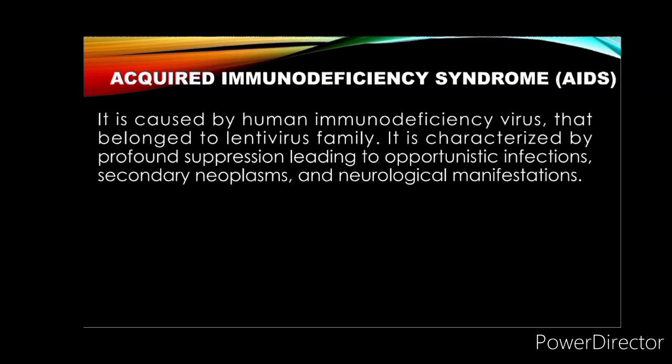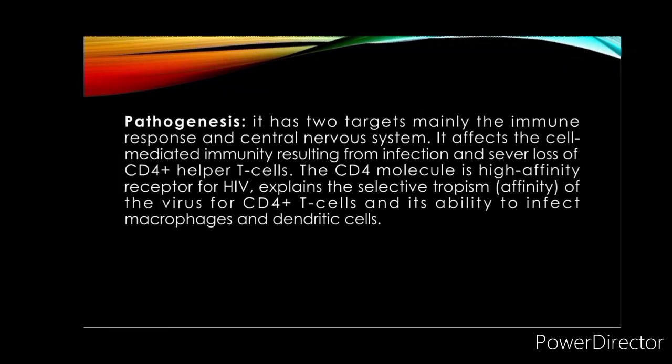Now let us talk about acquired immunodeficiency syndrome, or AIDS, caused by the human immunodeficiency virus that belongs to the lentivirus family. It is characterized by profound immunosuppression leading to opportunistic infections, secondary neoplasms, and neurological manifestations. For the pathogenesis of AIDS, it has two main targets, the immune response and the central nervous system.